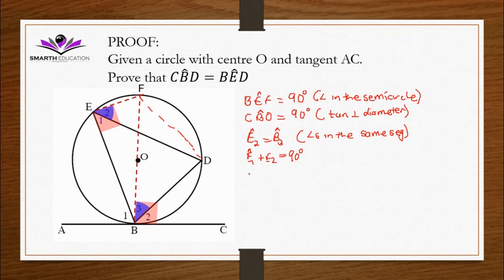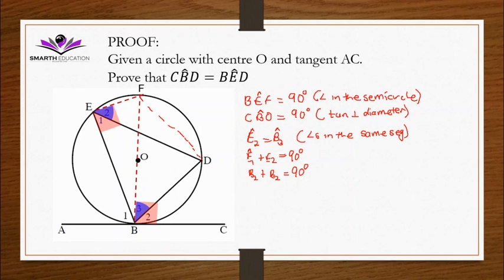And angle B2 plus angle B3 also is equal to 90 degrees, because we saw that angle CBO is 90 degrees. Okay, so angle B2 plus angle B3.